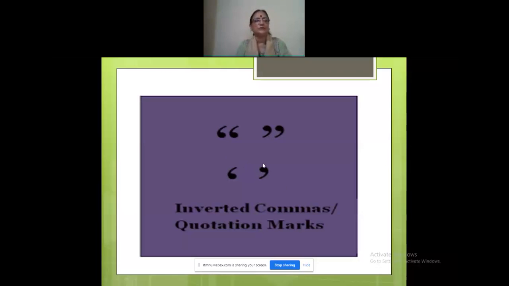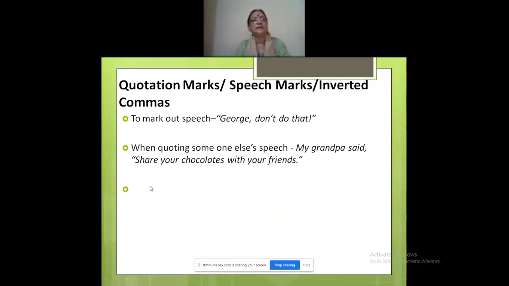Double inverted commas will be used for quoting somebody. They are also known as speech marks. So whenever you are marking out speech, specifying that here starts the spoken portion, remember, speech marks show the words quoted.